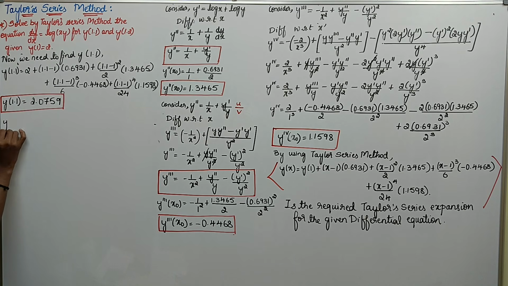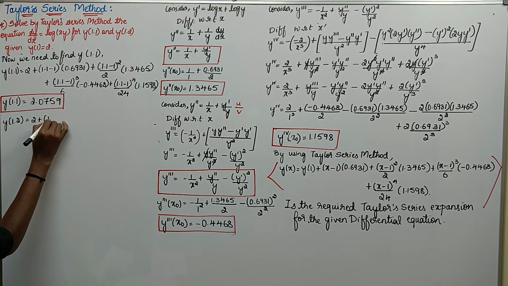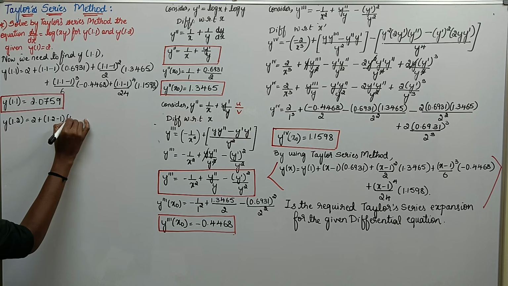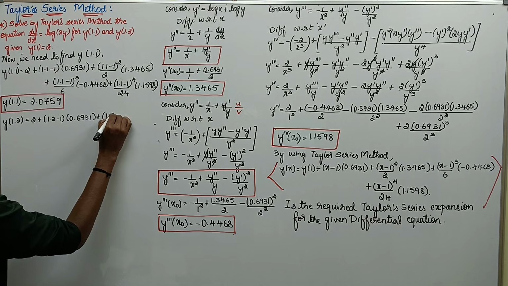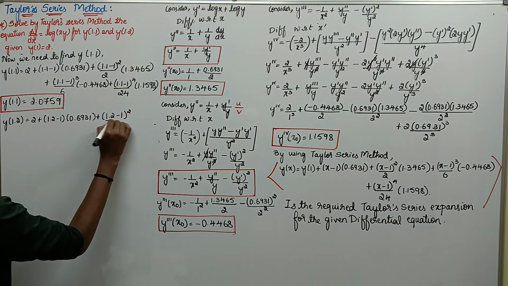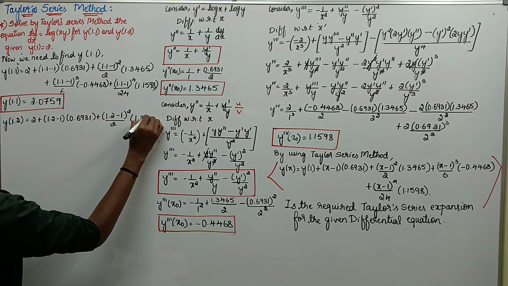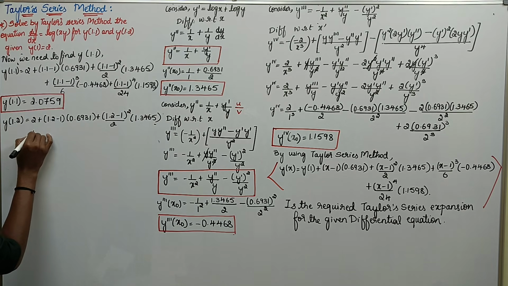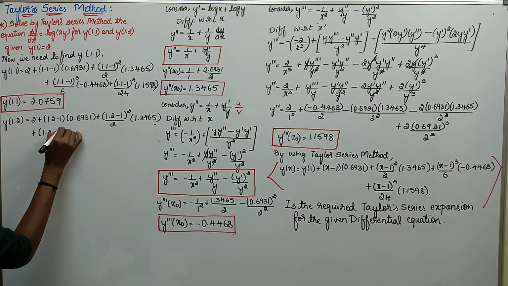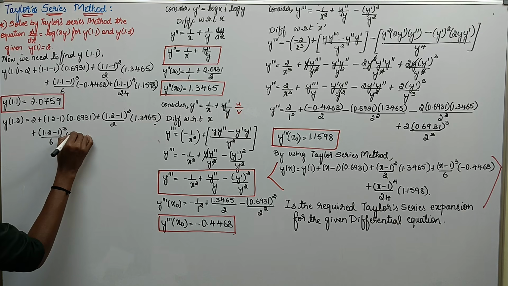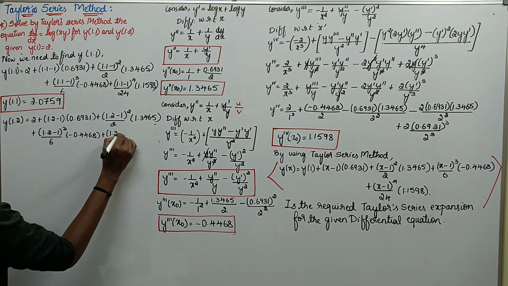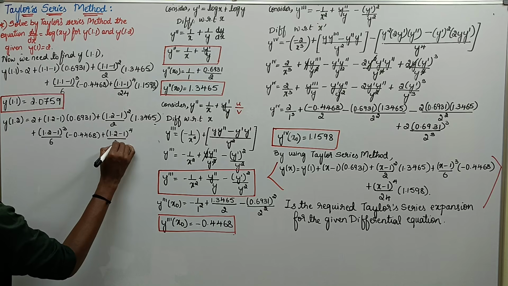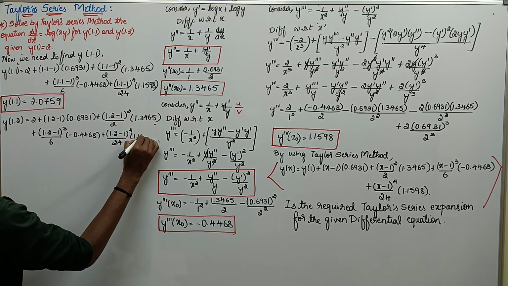Similarly, let us solve y of 1.2. y of 1.2 is 2 plus (1.2 minus 1) into 0.6931 plus (1.2 minus 1) whole square divided by 2 into 1.3465 plus (1.2 minus 1) whole cube divided by 6 into minus 0.4468 plus (1.2 minus 1) whole to the power of 4 by 24 into 1.1598.